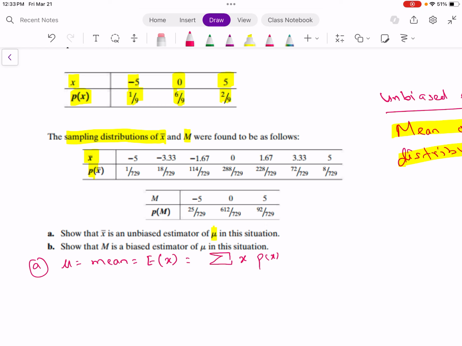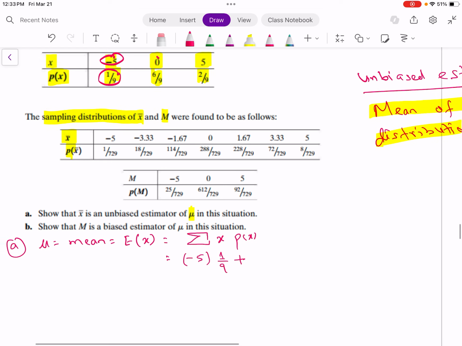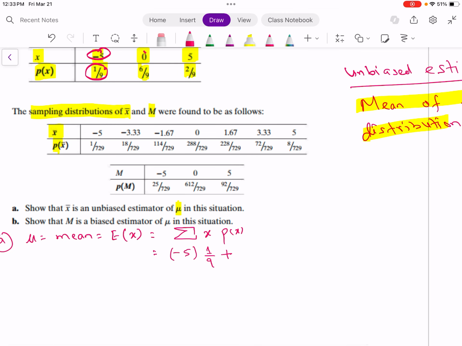So you multiply x by its probability and take a sum. Let's take x equals -5: -5 times the corresponding probability 1/9, plus the next value of x, which is 0, times the associated probability 6/9, plus the next value of x, 5, times 2/9.